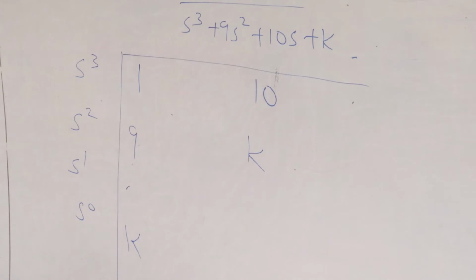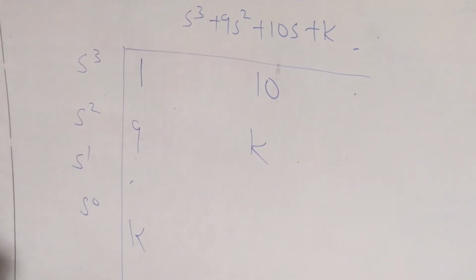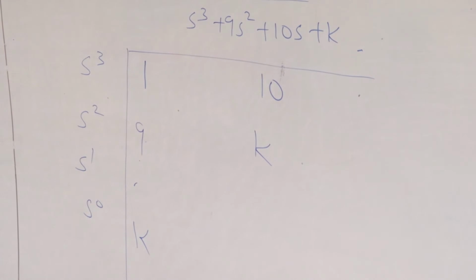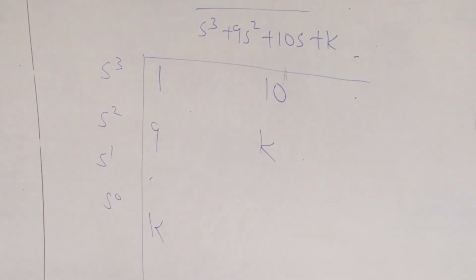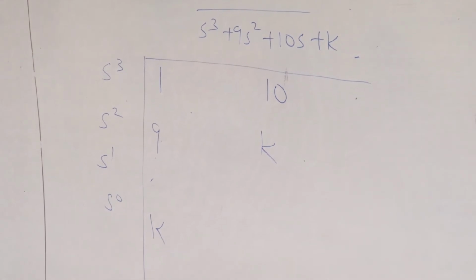So 90 minus K over 9. We are saying 90 minus K all over 9. So we can write it here.